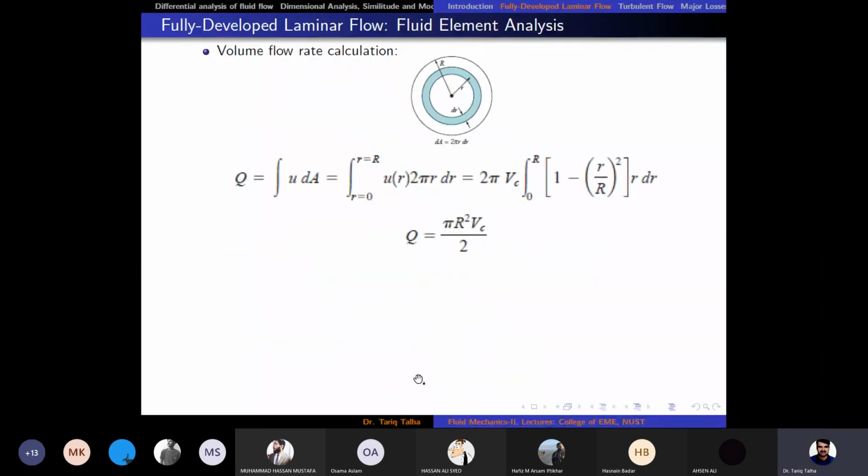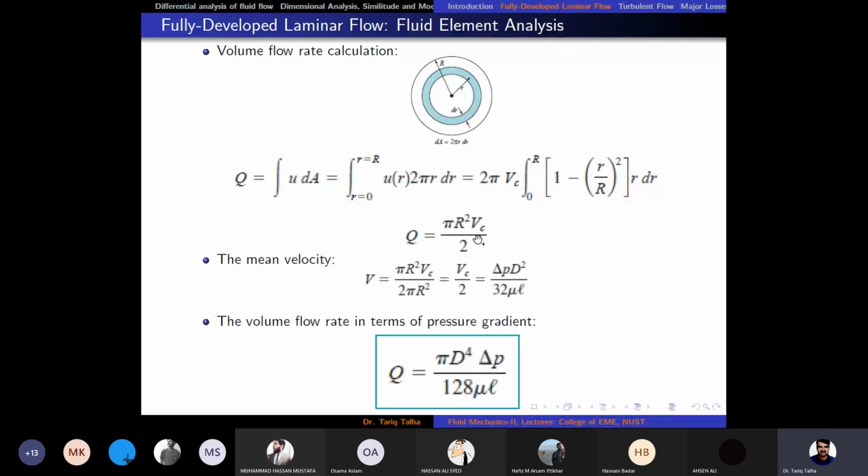For the determination of volume flow rate, we need to do the integration for a ring type strip of the pipe section, and that integration needs to be done from r equal to 0 to capital R. If we do that in terms of center line velocity, it comes out to be pi R square upon 2 Vc, and then we can write it in terms of diameter and pressure drop.